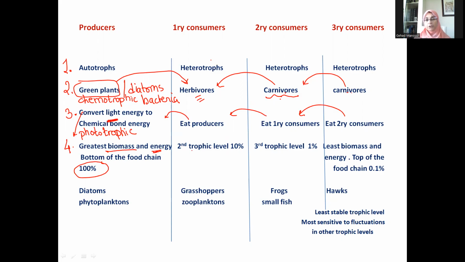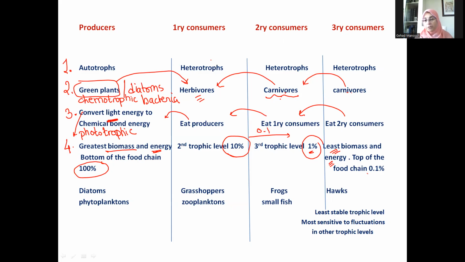Under any of these conditions, the second trophic level would receive, or would actually store, only 10% of the basic amount of energy that was in the producer. The third trophic level will receive 1/10 of the 10%, and therefore 1%. And the last trophic level, which is usually the level of the tertiary consumers, or the fourth trophic level, will have the least biomass if you're talking biomass, and the least energy if you're talking energy.